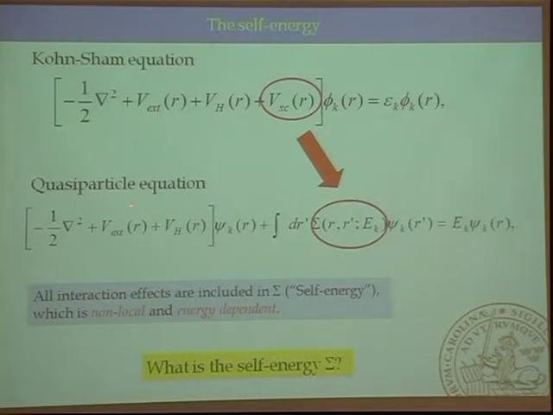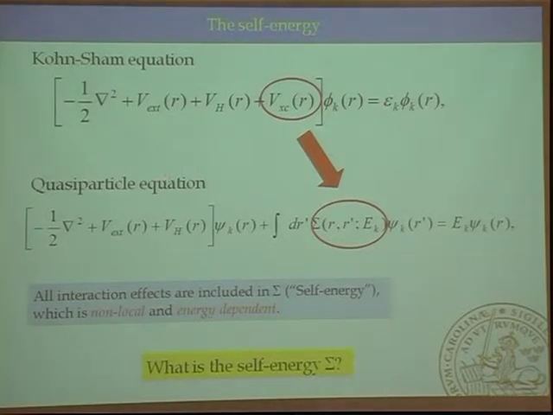And these eigenvalues, as we have already heard many times, do not have a clear physical meaning, with the exception of the highest occupied energy, which corresponds to the chemical potential.